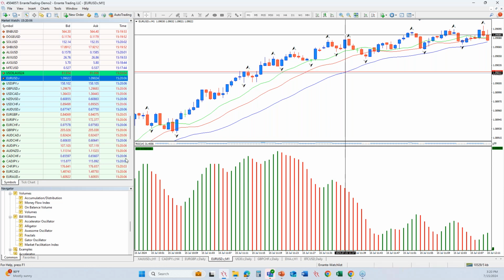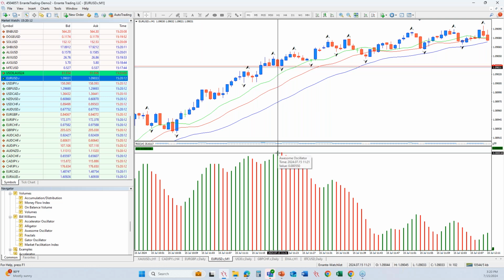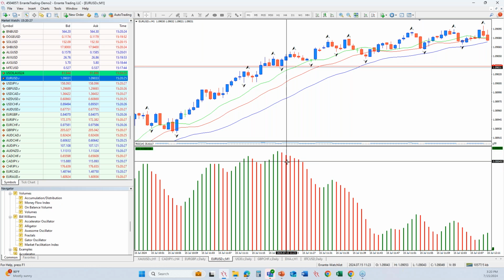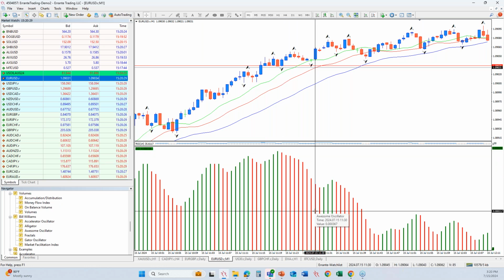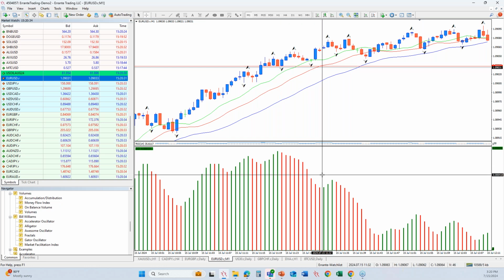For example, here you see when the market is losing momentum, it means we have a convergence between the 5-period and 34-period moving averages. Then we see the histogram, the AO or awesome oscillator histogram, is getting down or is shortening. So this is a signal of losing momentum.